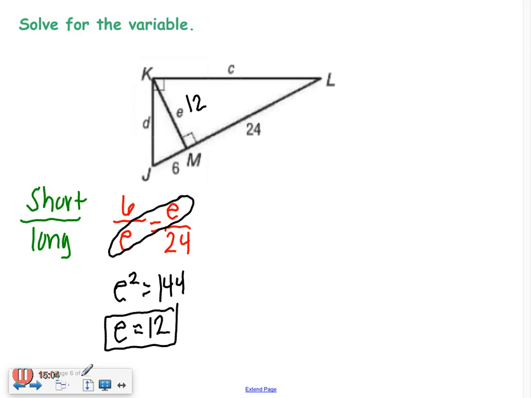Okay, so do you guys see how D and C are outside legs? So I know I have to use the big triangle and one of the small ones. Does that make sense? So if I wanted to find D, I have to use this blue one and the big green one.